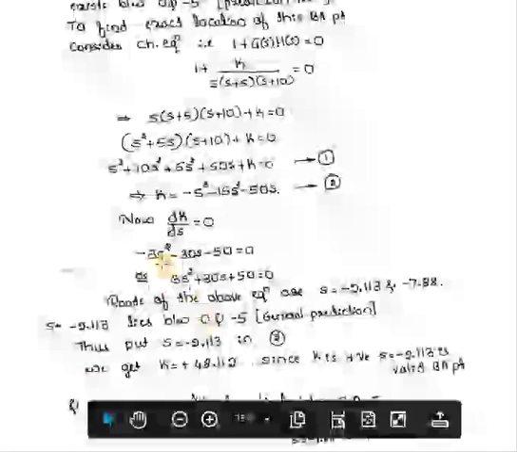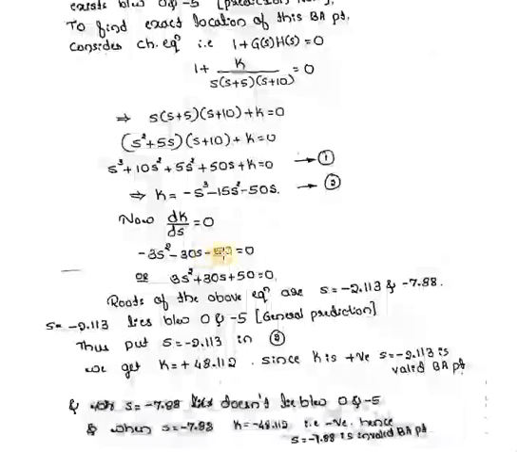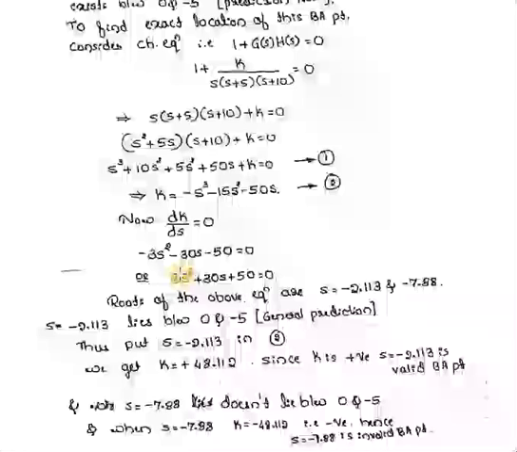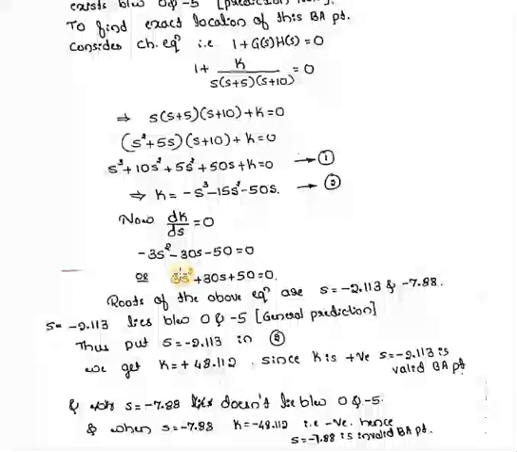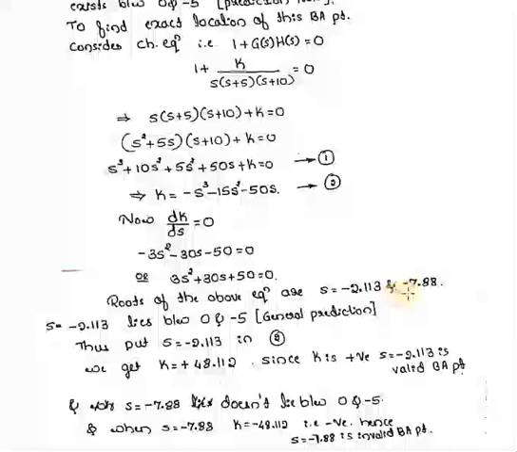You get minus 3s square minus 30s minus 50 equal to 0, or taking the negative sign common, 3s square plus 30s plus 50 equal to 0. Now you need to identify the roots of this equation. The roots are minus 2.113 and minus 7.88.